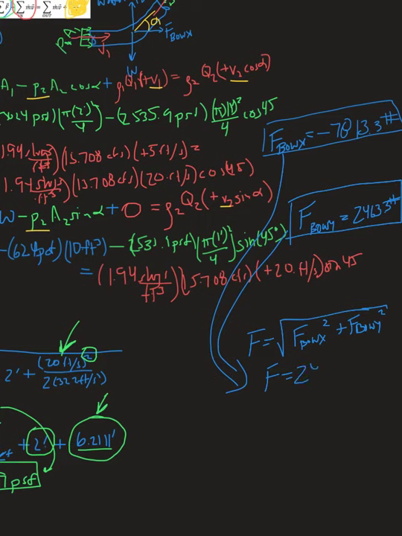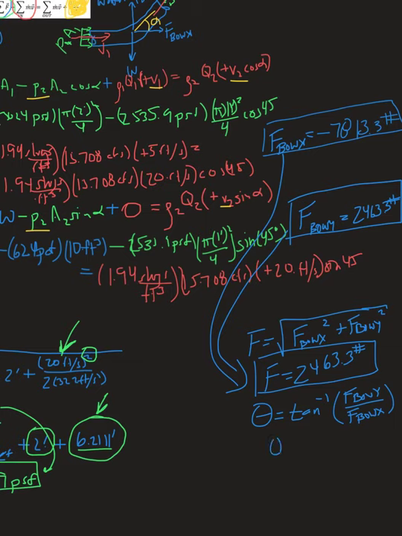F is 2463.3 pounds, and then theta equals the inverse tangent of F bow Y over F bow X. So theta equals 17.499 degrees.